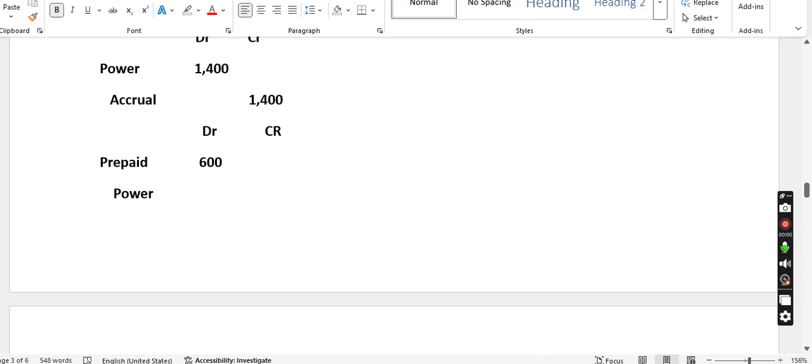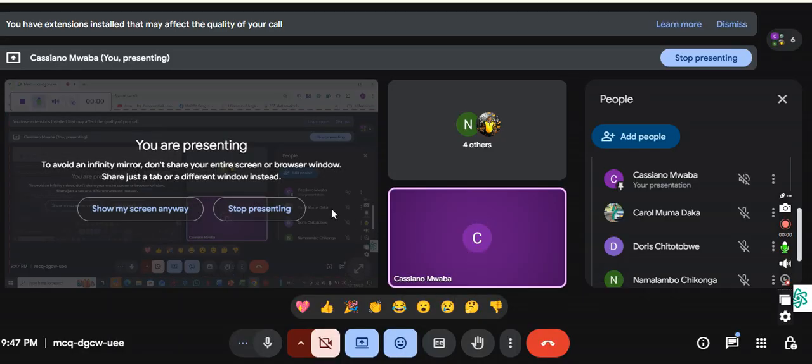Okay, remember, colleagues, the matching concept. According to the matching concept, revenue and expenses should be recorded for the same periods. So here we're only focusing on the revenues and expenses for this actual year, which ends on 30th April 2025 for this company. We only want the revenues and expenses for this year.